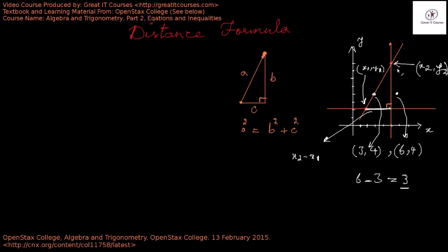And as I don't want to get any negative values over here, I simply write it as the absolute value of x2 minus x1. So this is this length.